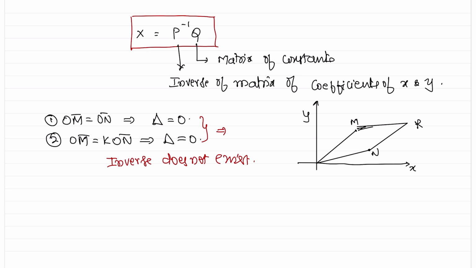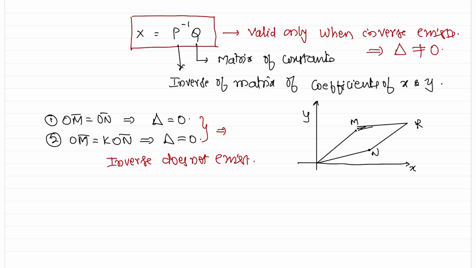What is the condition for this equation to be valid? Valid only when inverse exists. When does inverse exist? Whenever determinant is not 0. When determinant is not 0, this equation is valid and we can solve the simultaneous equations by this equation.